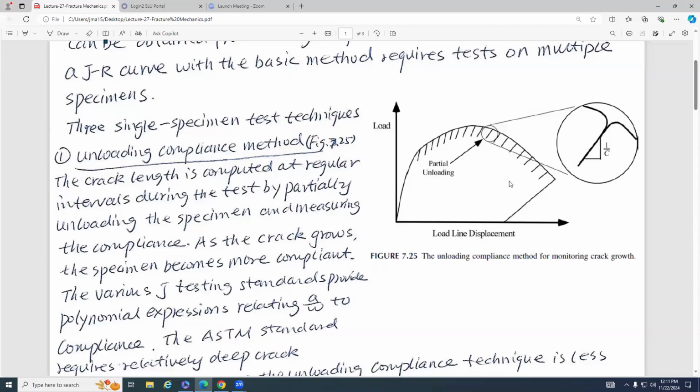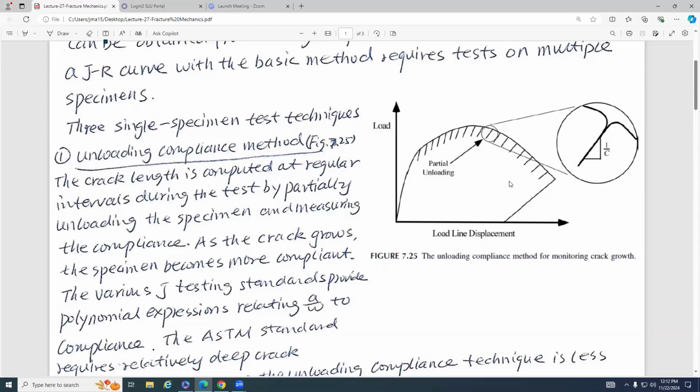That means this is softer, less stiff than that. And as I said, C, compliance, is the reciprocal of stiffness, so the compliance becomes bigger and bigger and bigger.